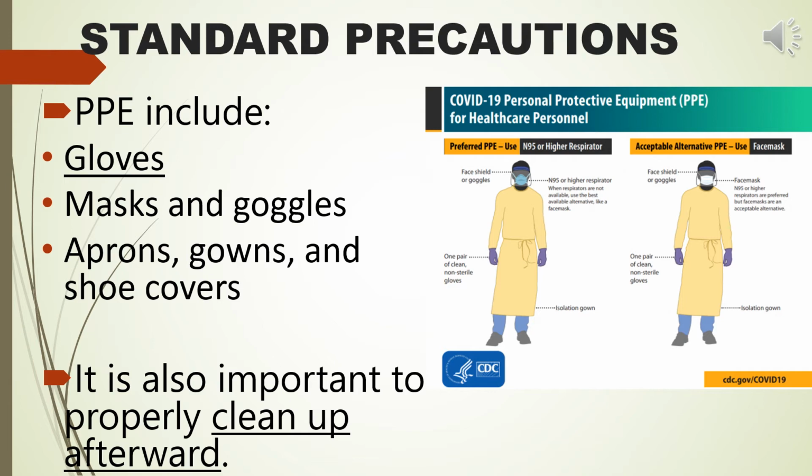It is also important to properly clean up afterwards. If the gown is disposable, you have to keep that in the garbage. But if the gown is of cloth, then you have to keep that in the recyclable garbage.